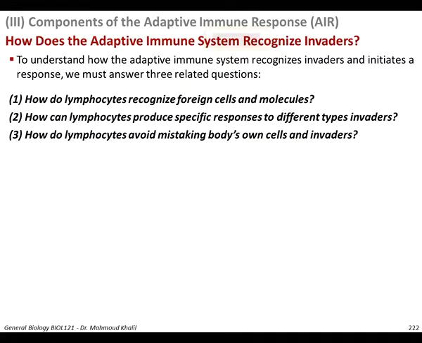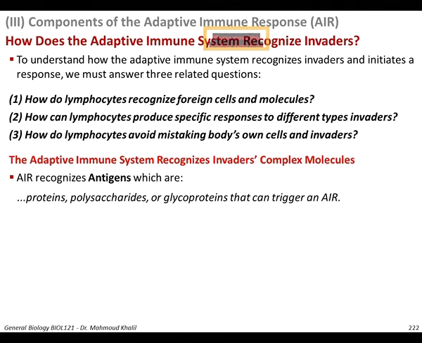How can lymphocytes produce specific responses to different types of invaders? And how do lymphocytes avoid mistaking the body's own cells for invaders? And by the end of the lecture, we'll also know what happens if lymphocytes mistake our own body cells, okay?